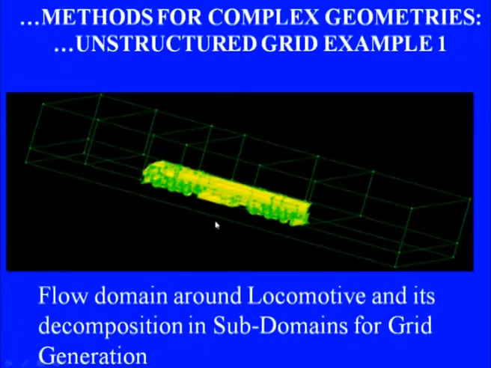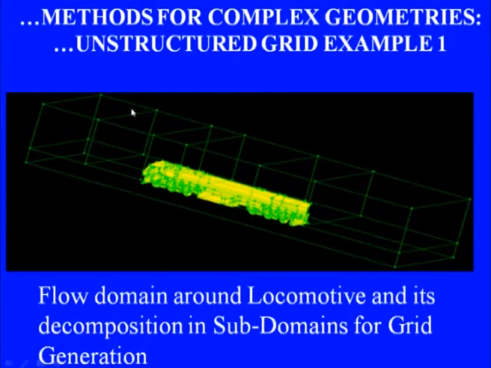So, this is a computational mesh, the outline here, the green line tells us our so-called computational domain, the flow inlet and the flow outlet here, they are side boundaries, and this bright yellow green is the surface of the locomotive.